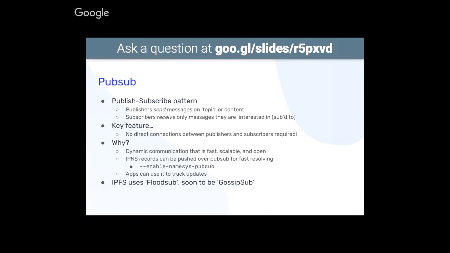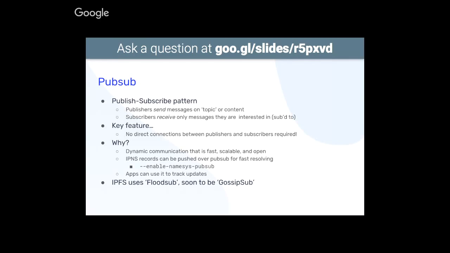So back quickly to the pubsub topic. It's a pretty standard messaging pattern where publishers don't necessarily know who or if anyone is subscribed to a particular topic or category that they are announcing on. And subscribers only receive messages on a given topic that they're subscribed to.